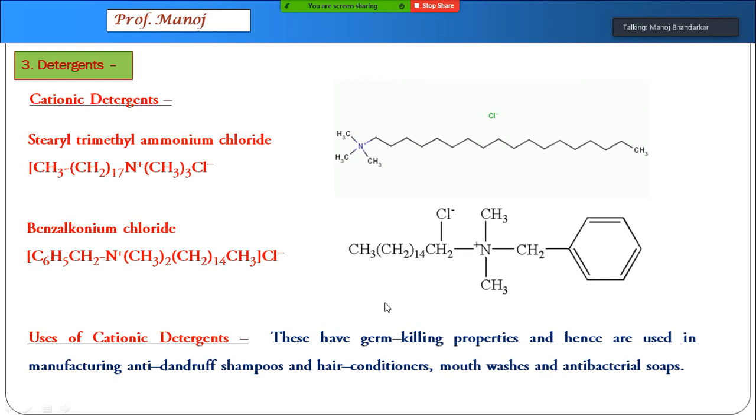Cationic detergents have excellent germ killing properties. So these are used as anti-dandruff shampoos, hair conditioners, and in very dilute quantities as mouthwash and antibacterial soaps. In our India, we usually prefer these in anti-dandruff shampoos to the maximum extent.